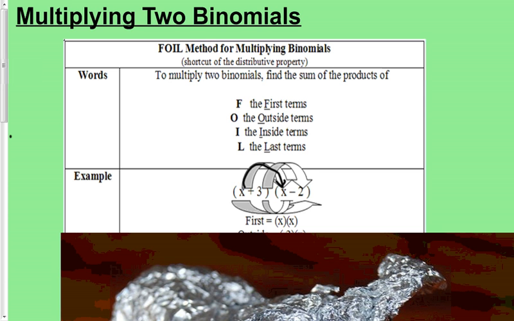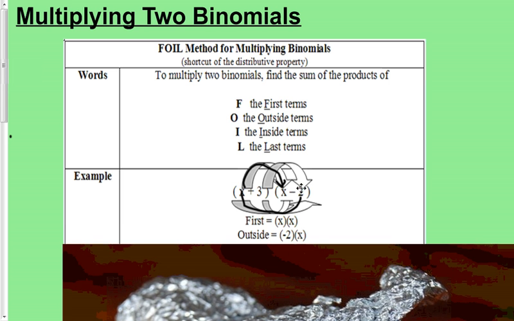Now the outside terms, so that's the O, that would be the x times the minus 2, so we'd have negative 2x.